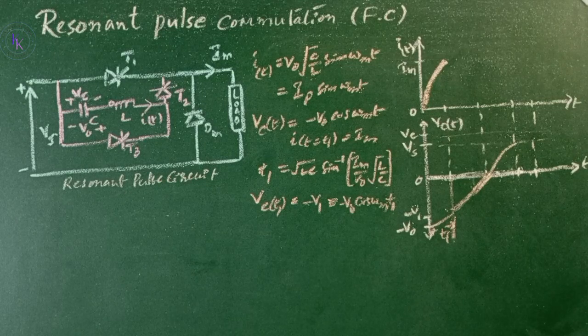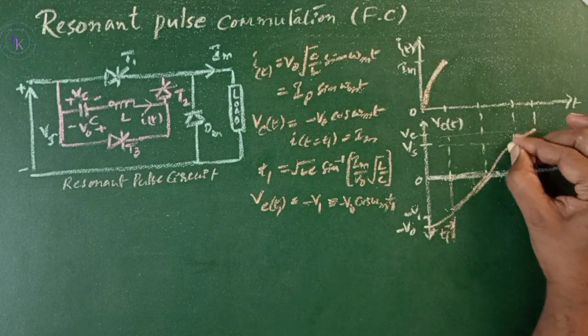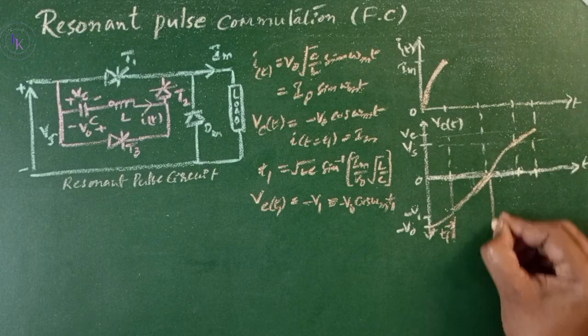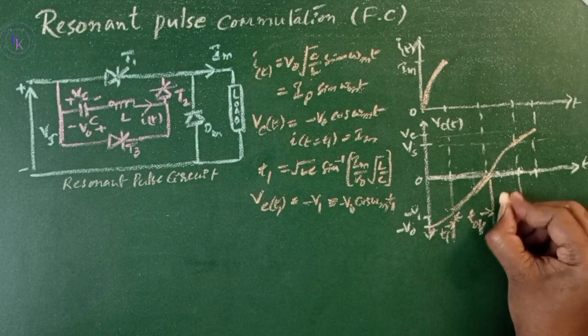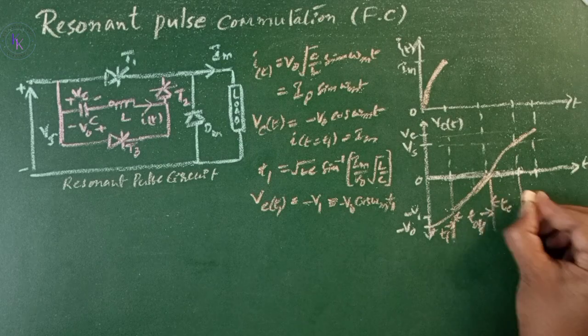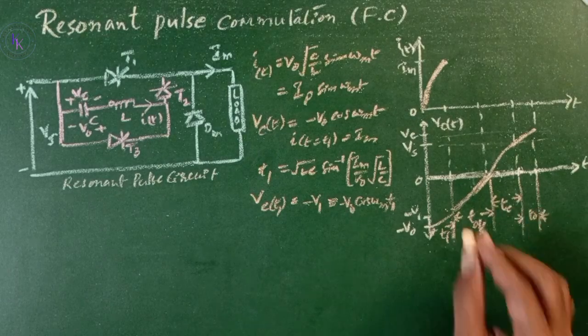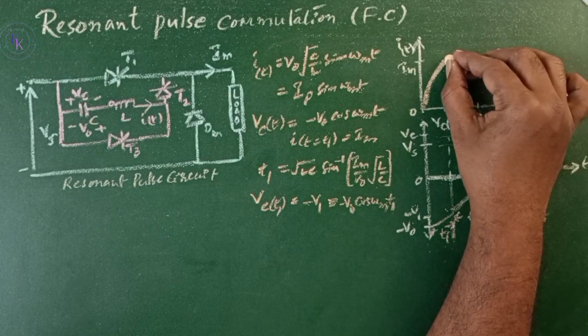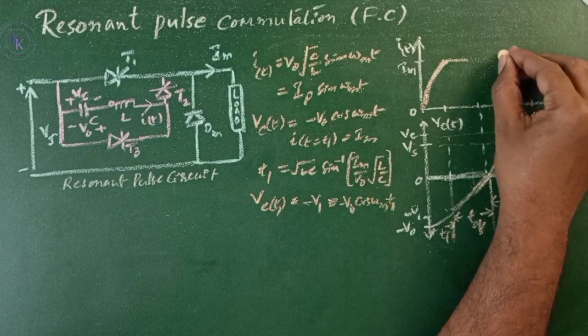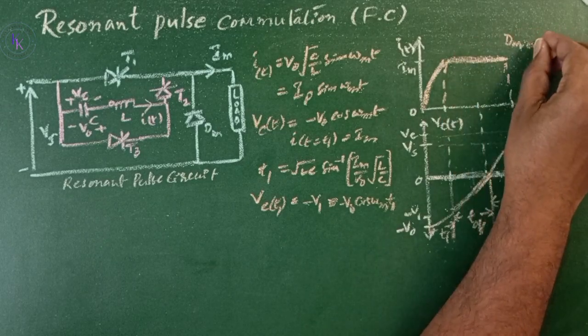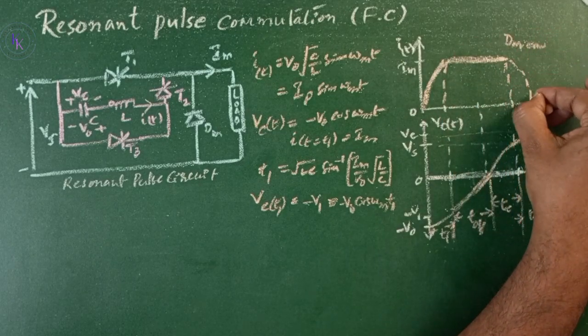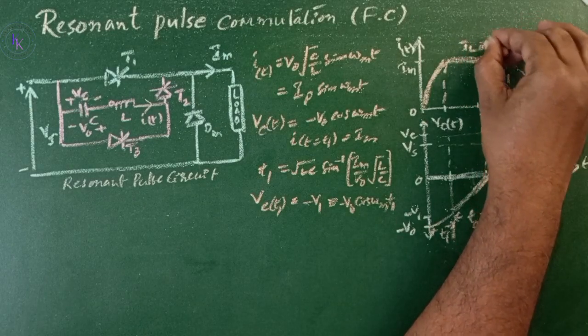After this, energy stored in the inductor L due to the peak load current Im is transferred to the capacitor, causing it to overcharge. Now the capacitor voltage reaches V0. This is the charging time, and this is T0. Now at T1, the current reached Im. Here Dm is on and here T2 is on.